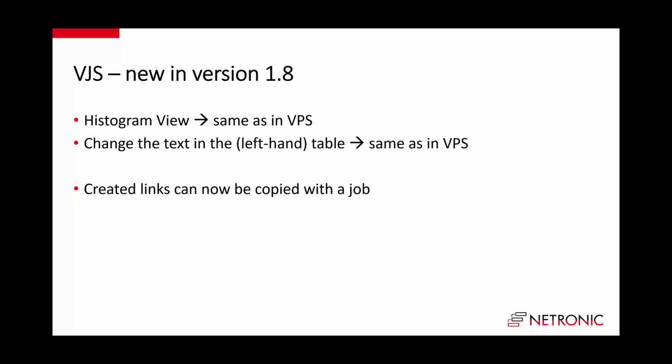From now on, and this is a long-promised feature which never worked 100% perfectly, if you create links between job planning lines in the VJS and save the project, and then create a new project based on that old project, using it as a template, these links can be copied if you copy the job. And this works now in all cases that you can imagine. This is really cool because it allows true template-based project scheduling.